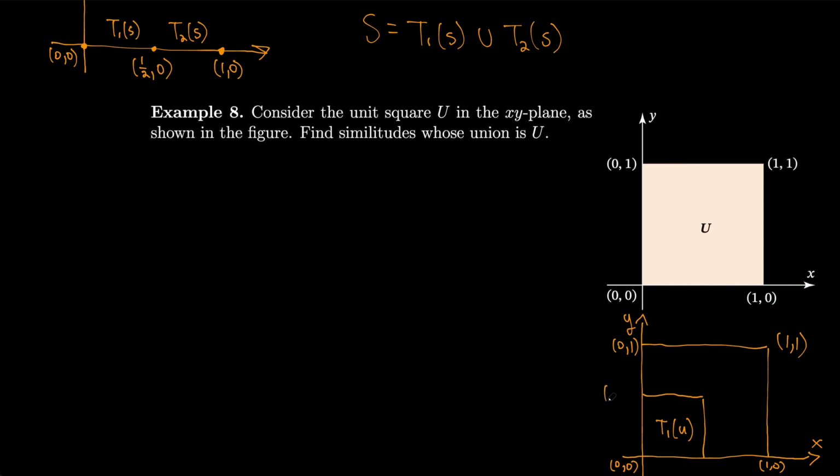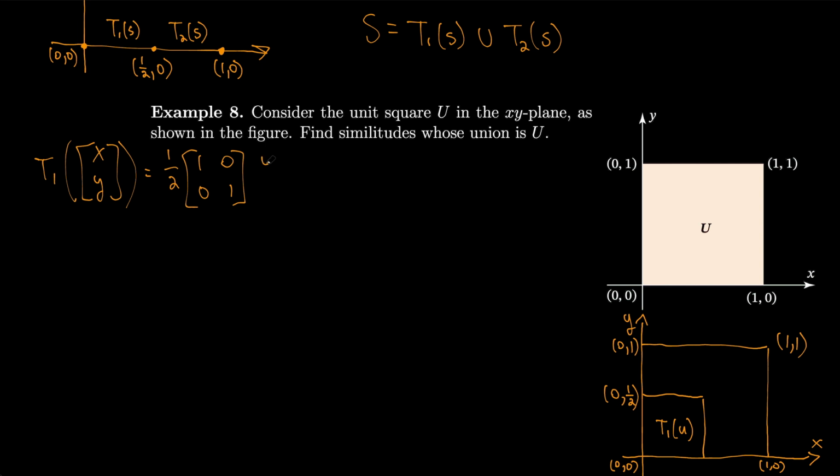So this would be at 0, half, and that just takes this transformation of x, y, and it's just half of the identity applied to xy.